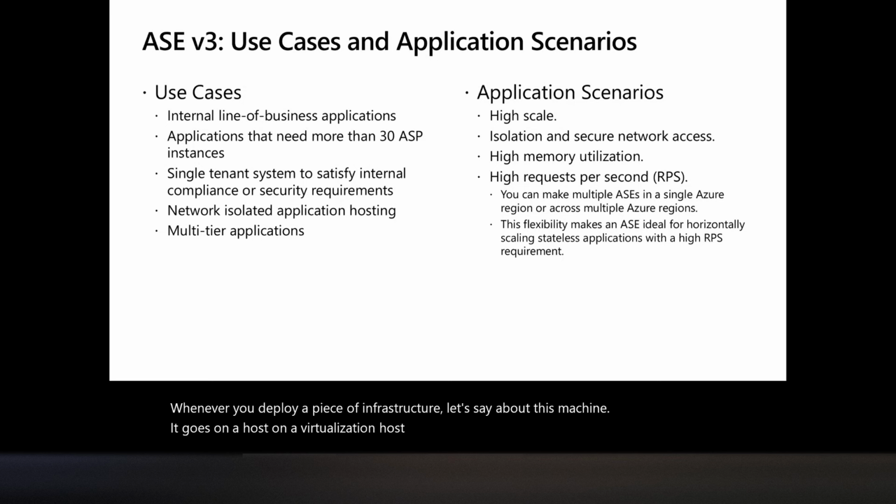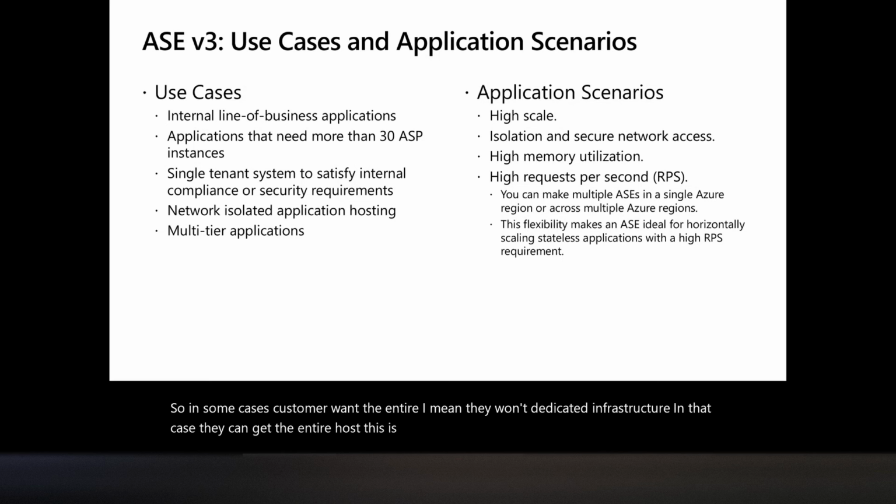Your VNet is logically separated from others, not physically separated. So in some cases, customers want dedicated infrastructure. In that case, they can get the entire host. This is called a dedicated host, and a group of such hosts is called a dedicated host group.